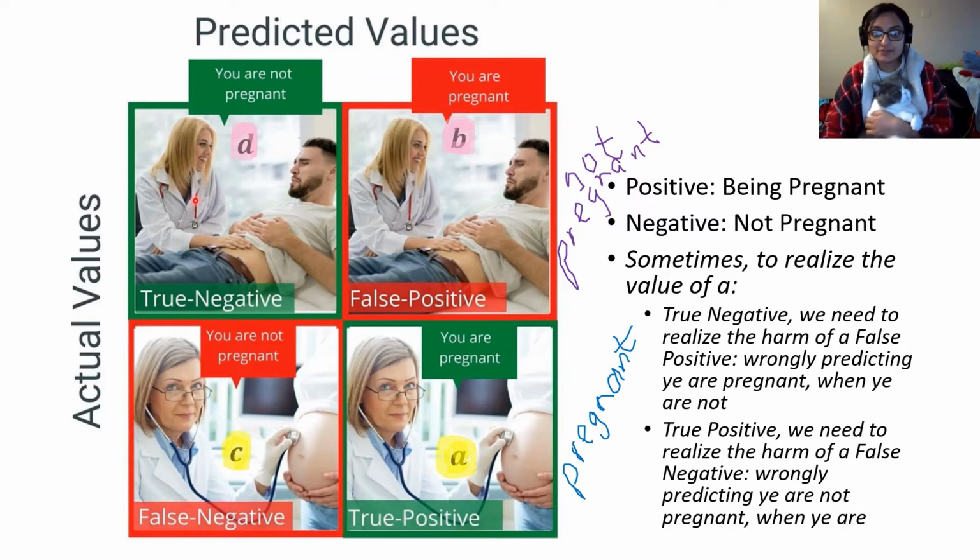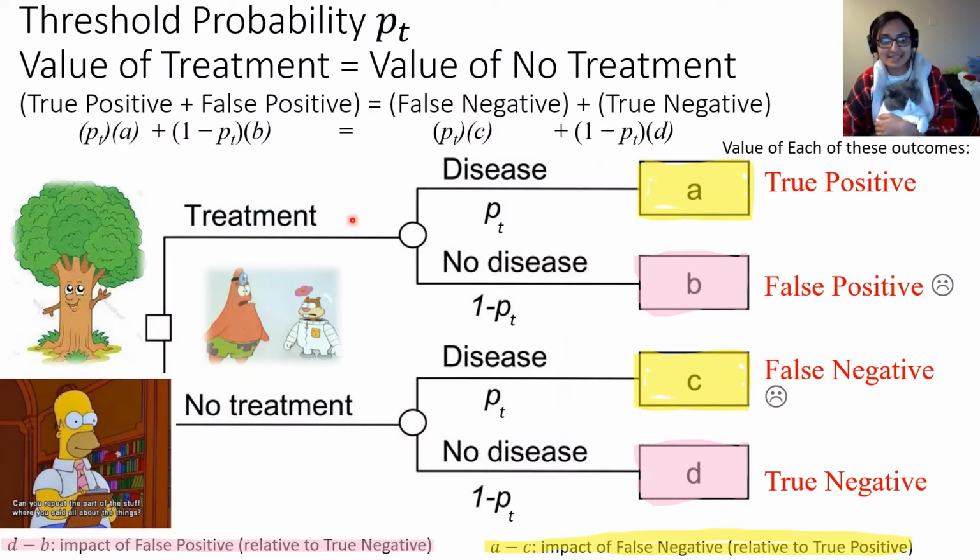So that's why these comparisons: to appreciate a true negative, we compare it with a false positive. To appreciate a true positive, we compare it with a false negative. That's the idea. Bringing it back again, as we see in this part here, true positive A, false negative C, false positive B, and true negative D. When we're going for treatment versus no treatment, if we do not have the disease and we're going for treatment, that's a false positive.